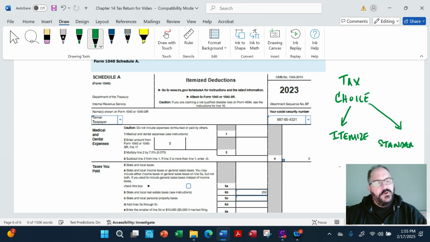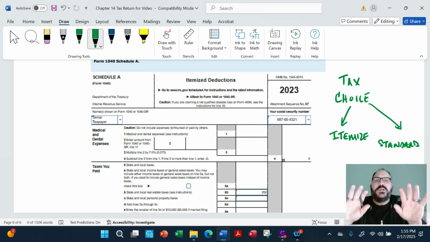Now the software, as you fill it out, either this software or virtually any tax software, if you put in all the receipts and everything you have, you could tell it to pick the best one. But the reality is the standard deduction depends upon your marital status and sometimes age and a few other things. So the bottom line is you want to get the biggest deduction available to you.